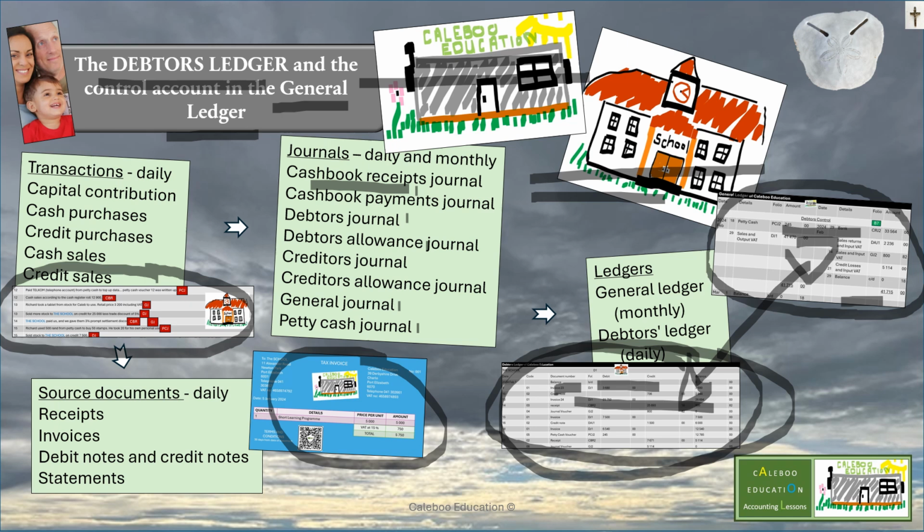But in our example, we only have one debtor. So the control account is in the general ledger and the account of the school is in the debtors ledger. And we're going to look at all the transactions that Caleboo has made with the school for the month of February.